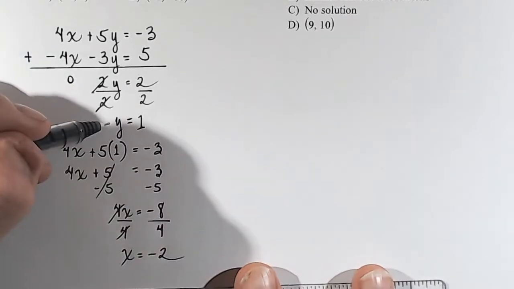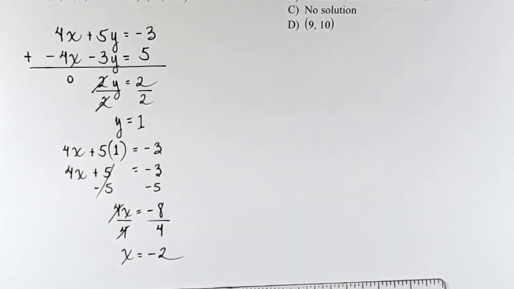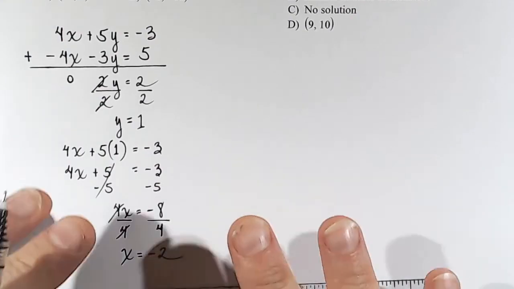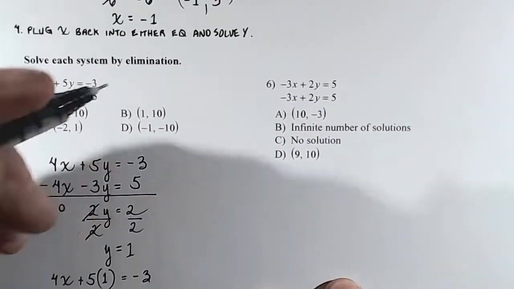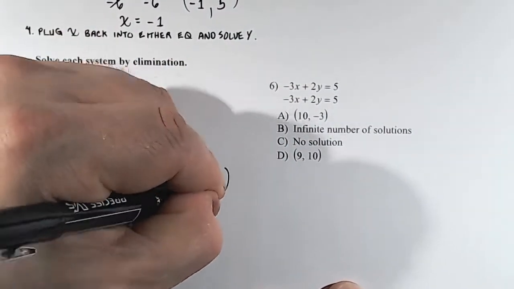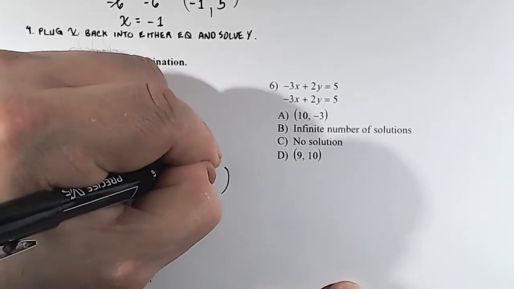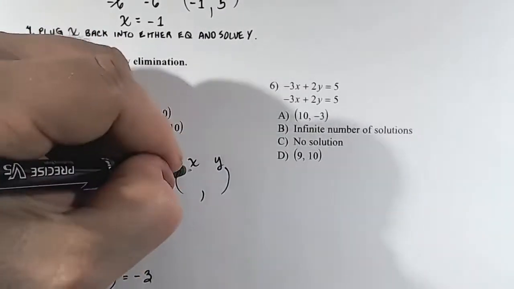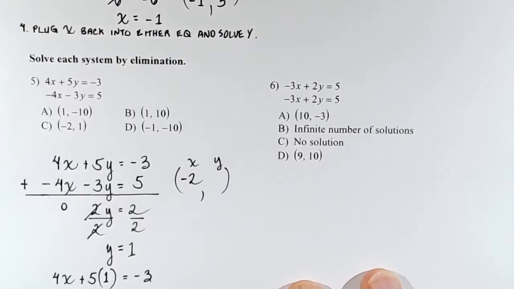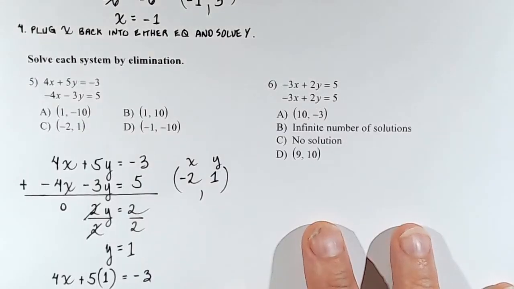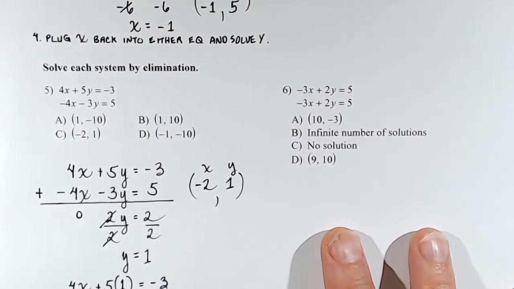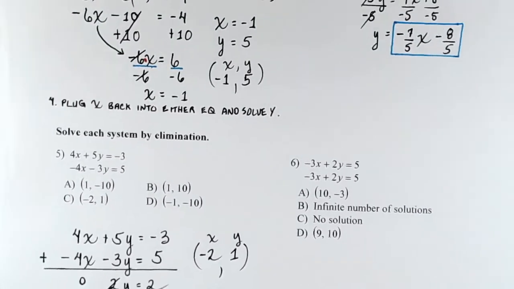We found that y equals 1 and x equals negative 2. So our solution is x comma y, negative 2 comma 1. All right? And look, that's an answer choice, but we can actually do better than that.